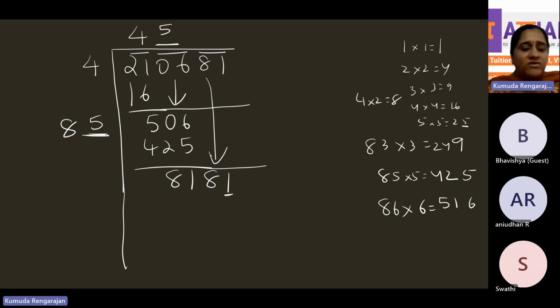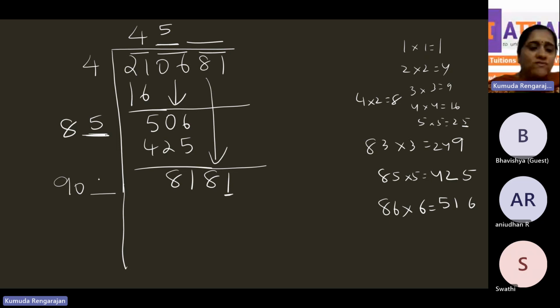Now the next step: after subtracting and bringing 81 down, double the quotient again. Double the quotient. 45 into 2, 90. Quotient is the full thing. Now again, whatever digit you place here, you should place the same digit here.